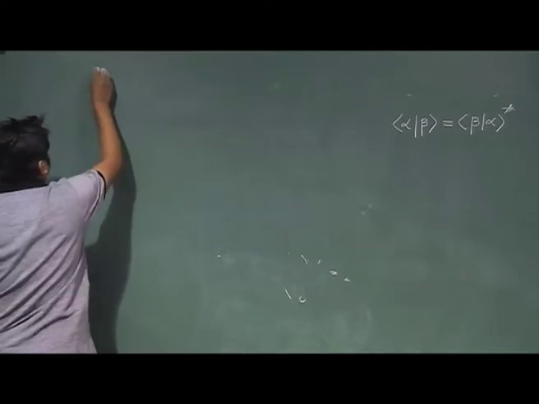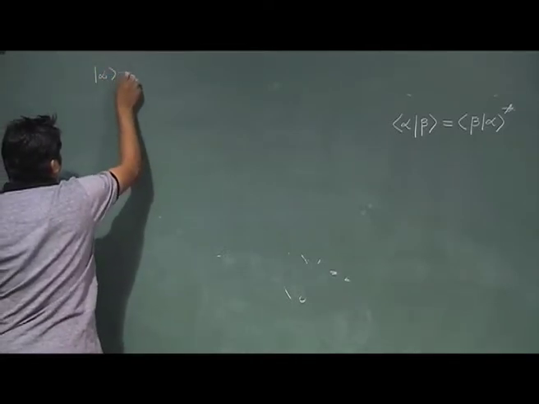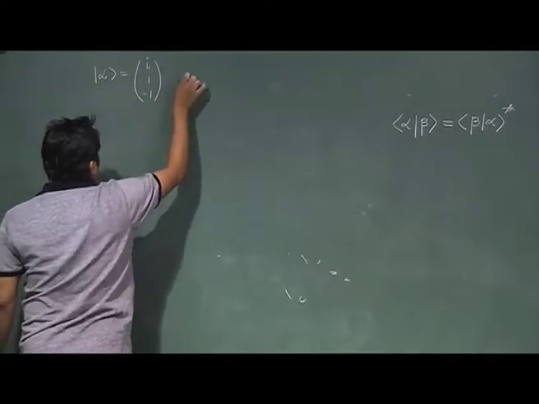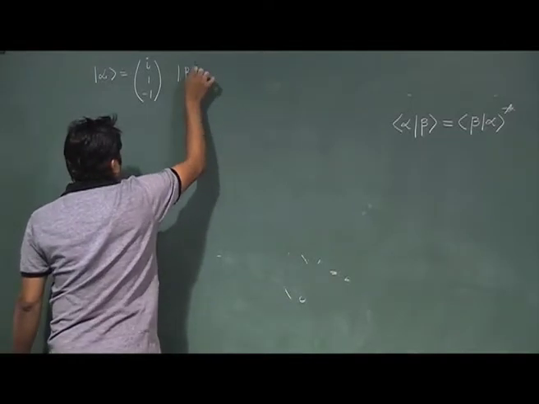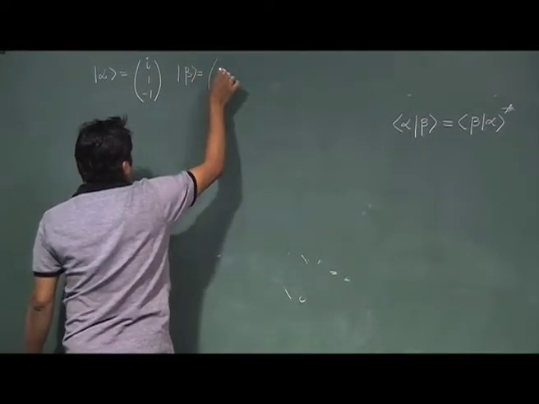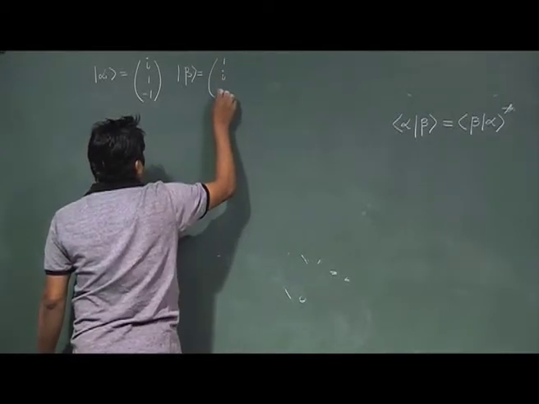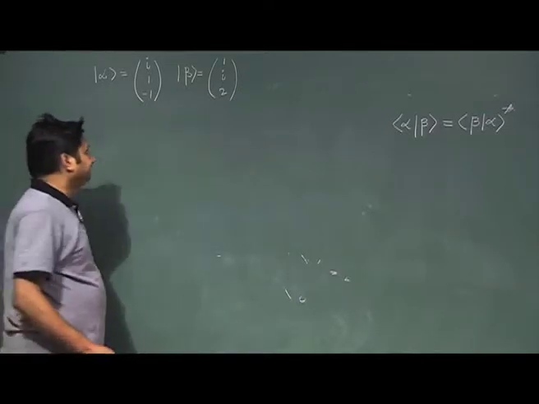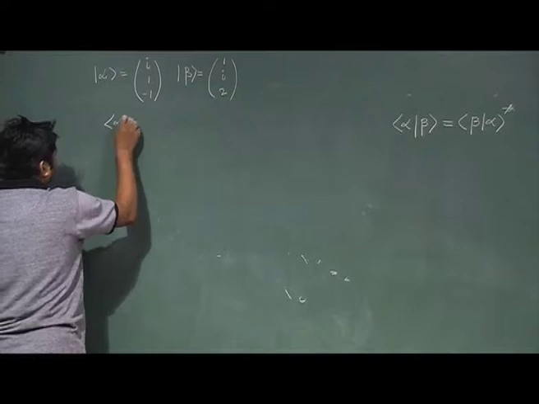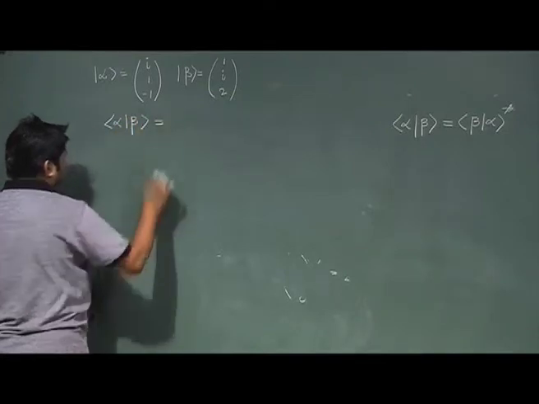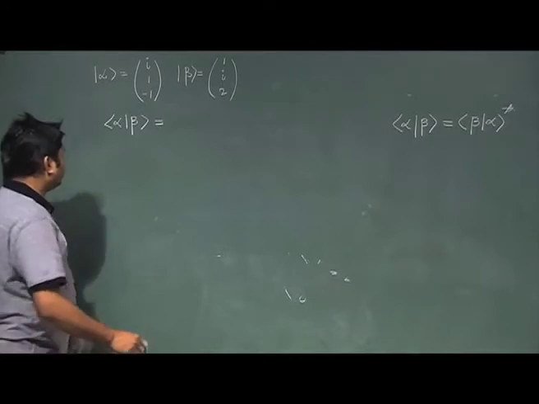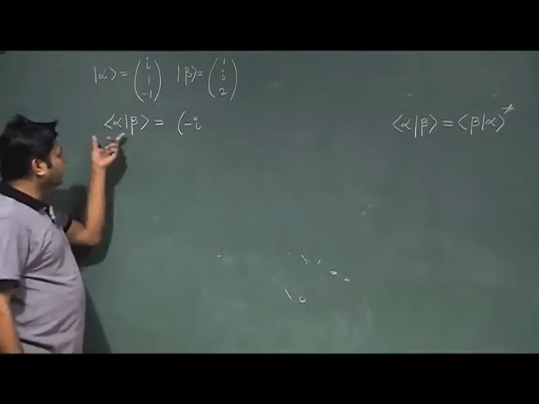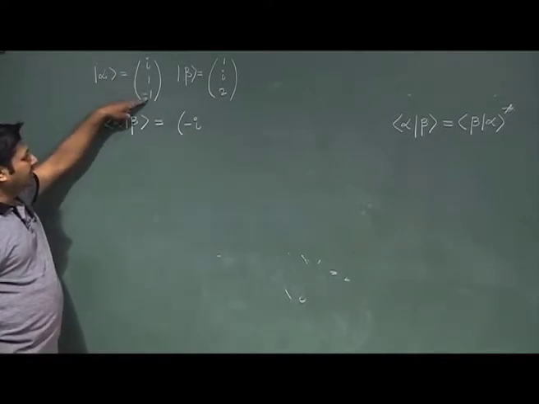So, say alpha is i, 1, minus 1, and beta is say 1, i, 2, whatever value you want you can put. Then <alpha|beta>, how do I write this? Alpha I need to rotate, so it will be minus i, because when I rotate this I need to put the complex conjugate of these terms.